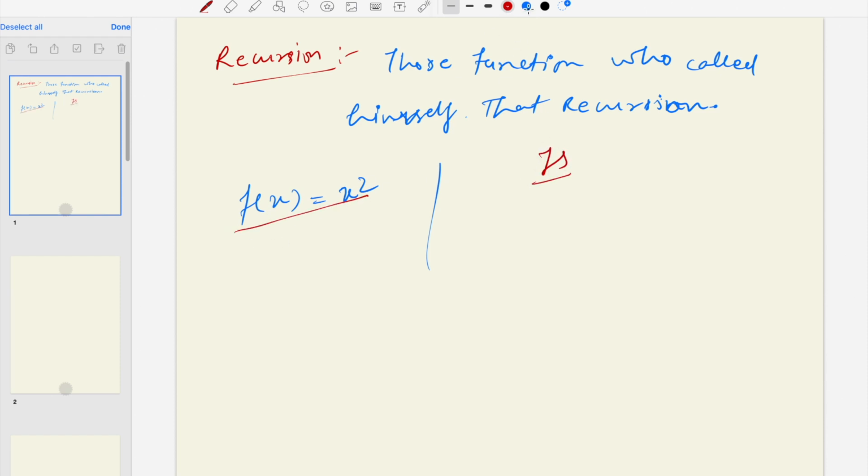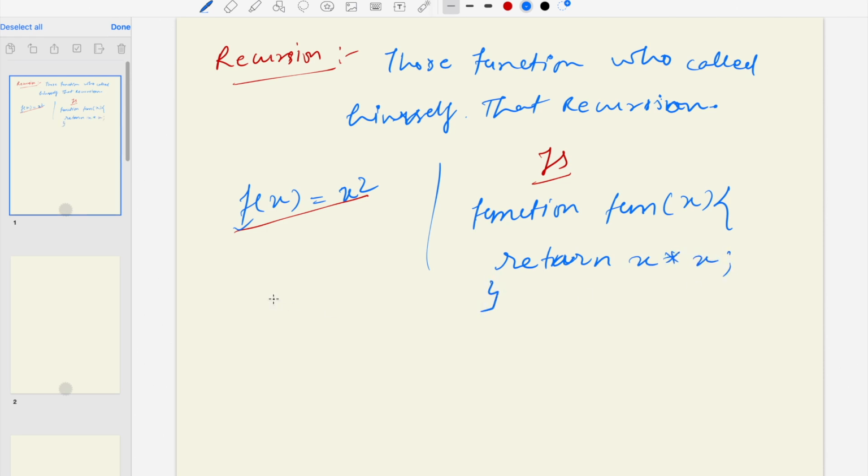We write function fun of x, open a block, and return x square, so x multiplied by x, and close the block. How will we call f of x for any number? Let's call it for 5. f of 5 will be 5 squared, which is 25, right?